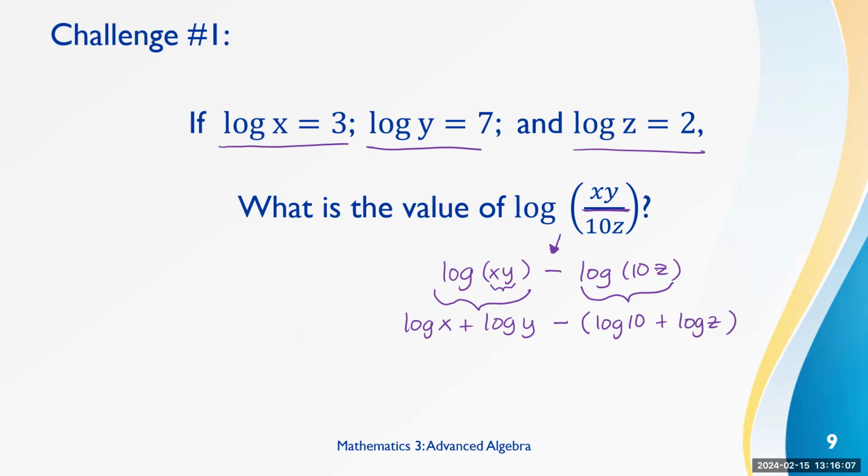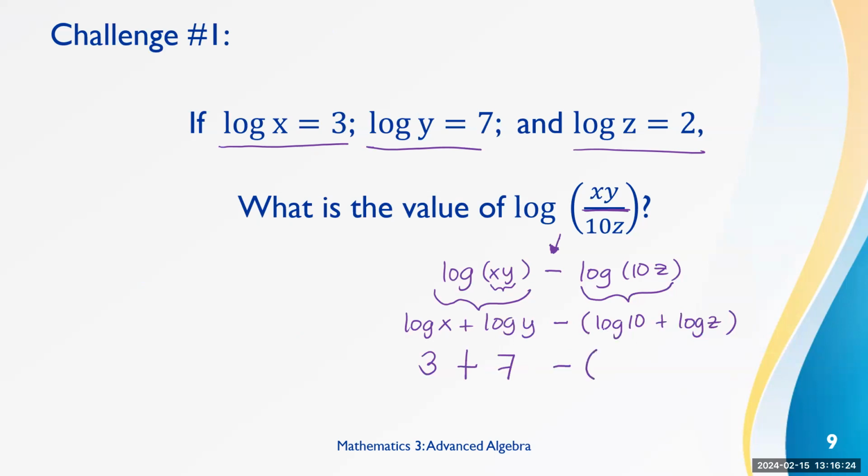So again, 10 times z. So I just separate it, 10, and then z. Okay? So alam natin that log x is 3. So sulat natin 3. And then log y is 7. Okay, so sulat natin 7.